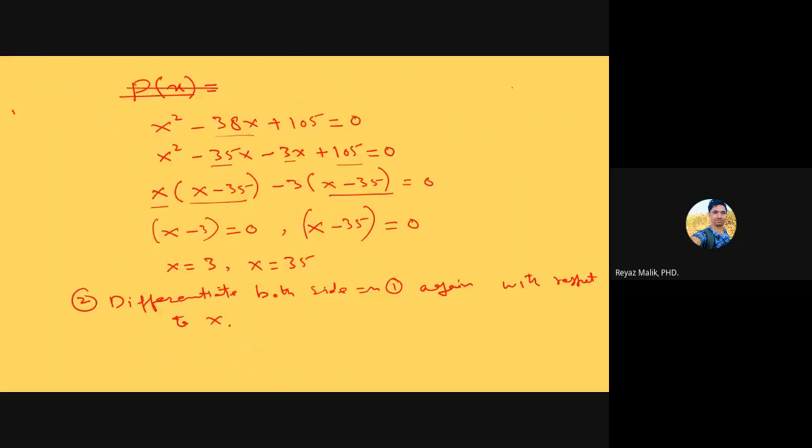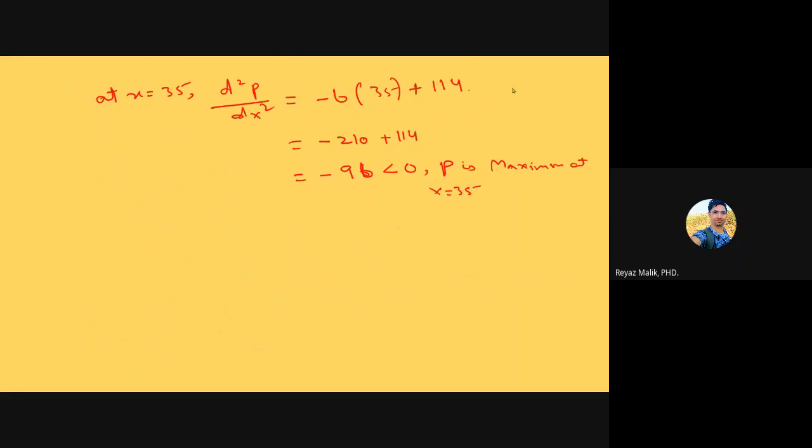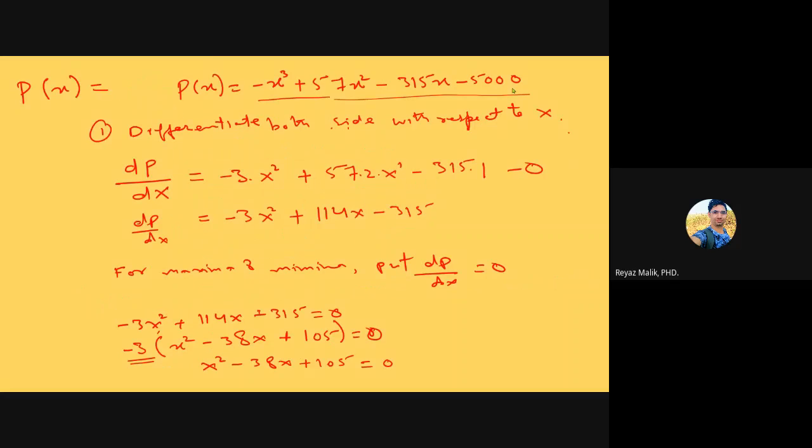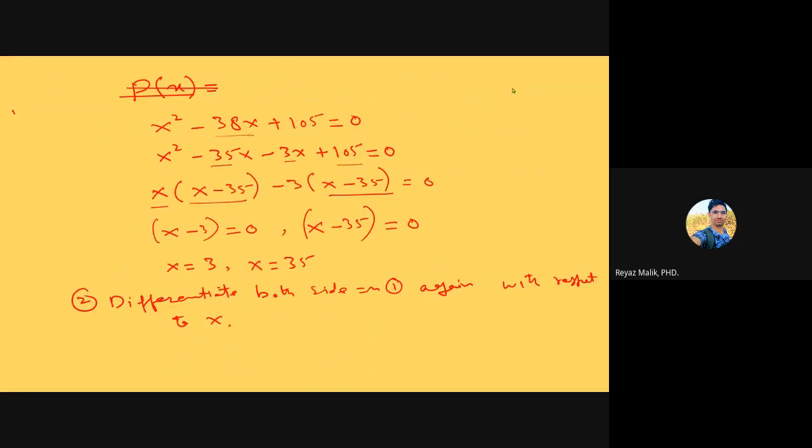Because at 35 it is maximum. Correct? So we need to substitute the value there.